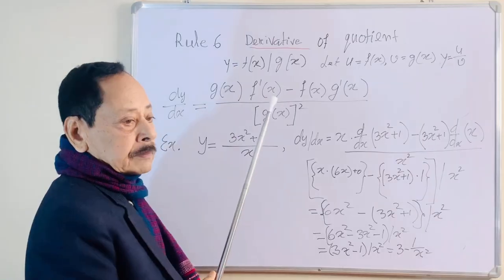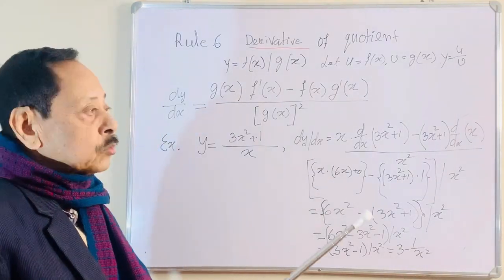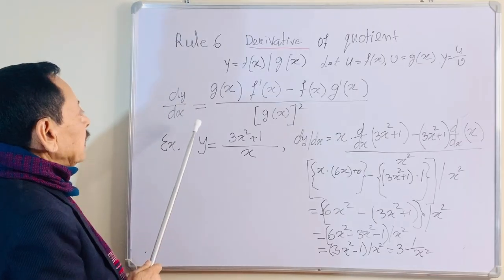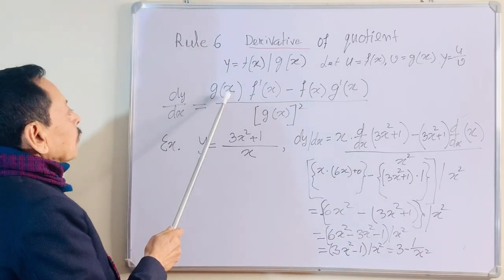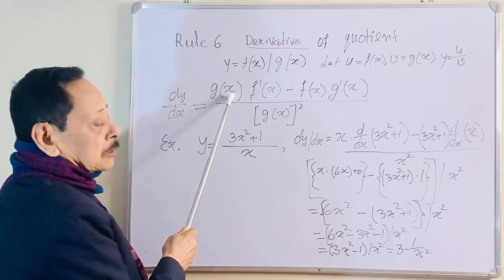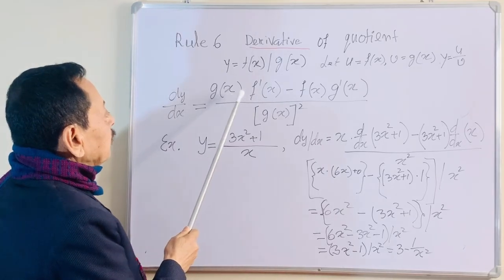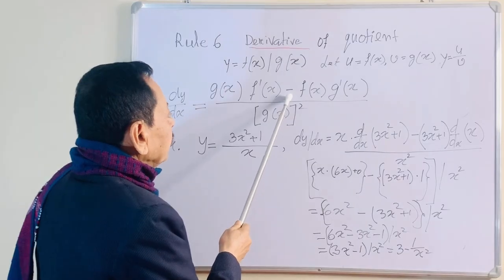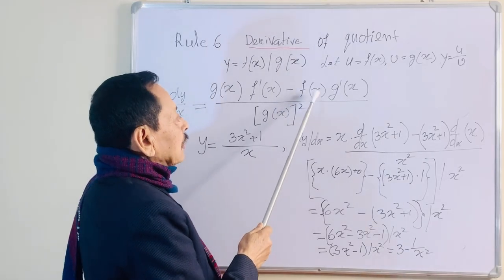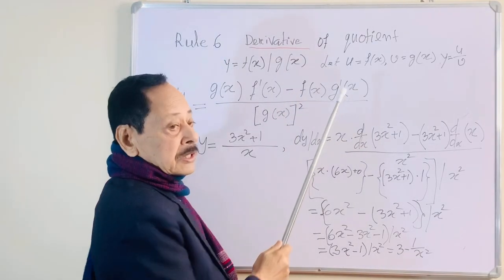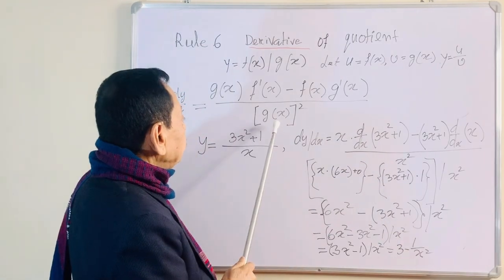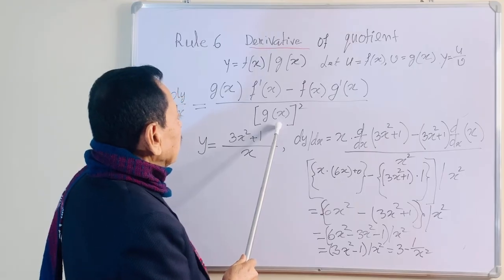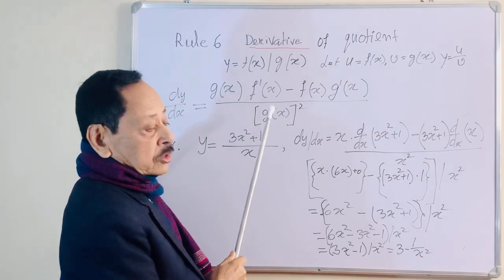So after taking the difference quotient and limit, we'll find that dy by dx is equal to the second function multiplied by the derivative of the first minus the first function multiplied by the derivative of the second, divided by the square of the second function.